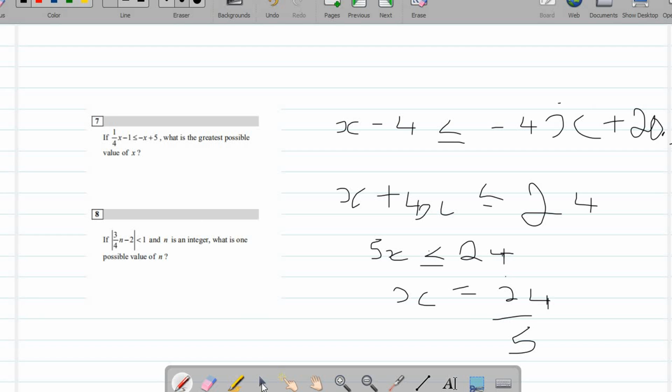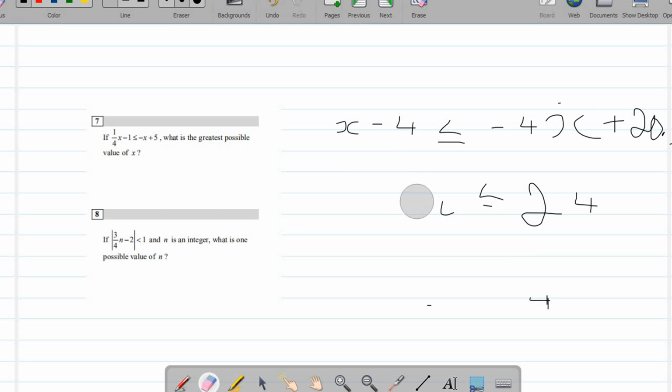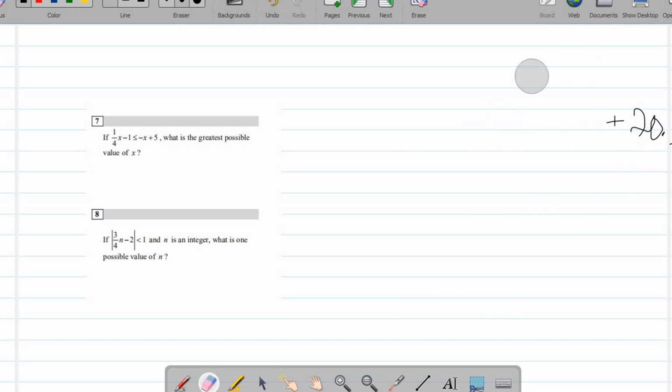All right, let's look at question number 8. Question number 8 says, if 3 over 4 n minus 2 is less than 1 and n is an integer, what is one possible value of n? We could try with the negative, and we try with the positive. The positive form is 3n over 4 minus 2 is less than 1, so move it to the other side. 1 plus 2 is 3.